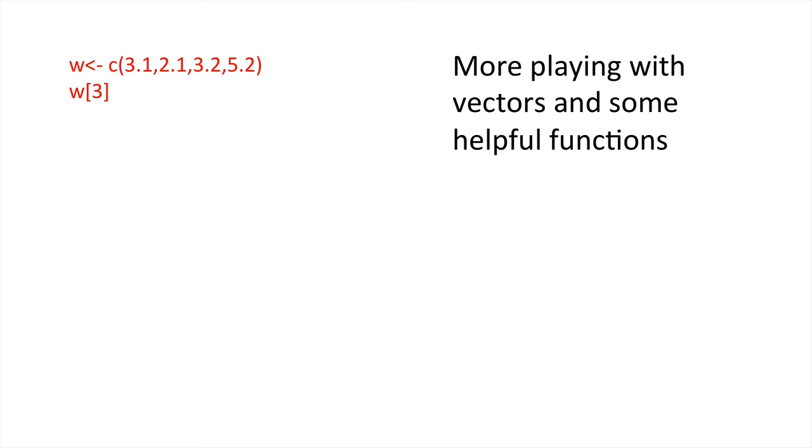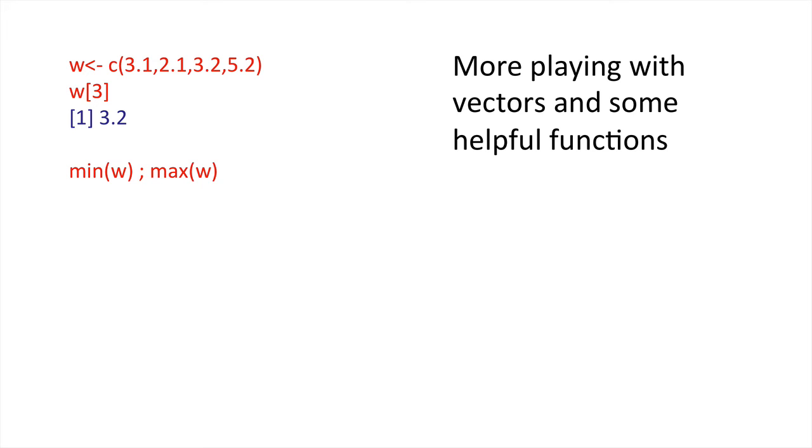Let's define the vector W as a collection of numbers using the concatenate function. If we ask then what W square brackets 3 is, we're asking what the third element of that vector W is, and in this case it's 3.2. We can write code all on a single line if we use a semicolon.